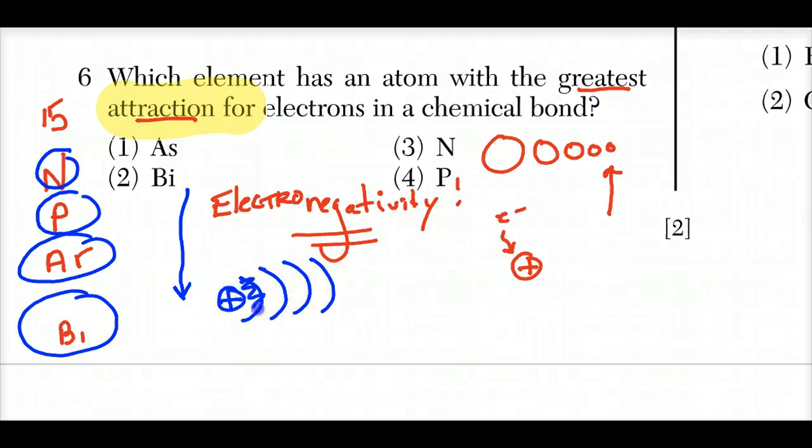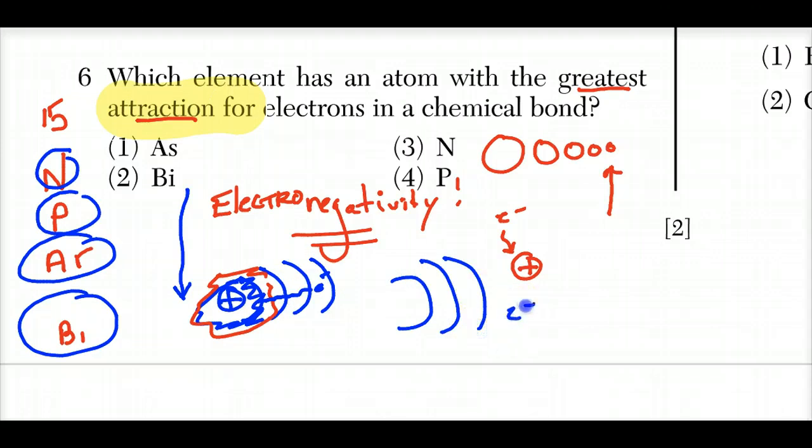As you fill shells of electrons, it's harder for the outermost electron to feel the positive pulling force because it has to get through these filled shells. So as you fill electron shells, they shield that negative from that positive, and these electrons can exist a little farther away. So metals are large, tend to lose electrons, the metallic properties increase.